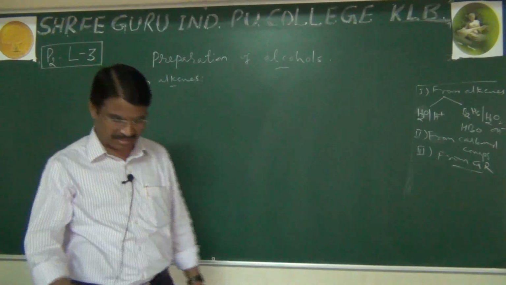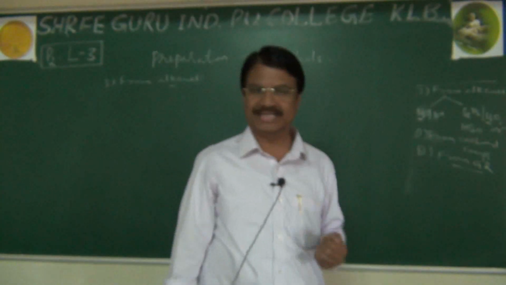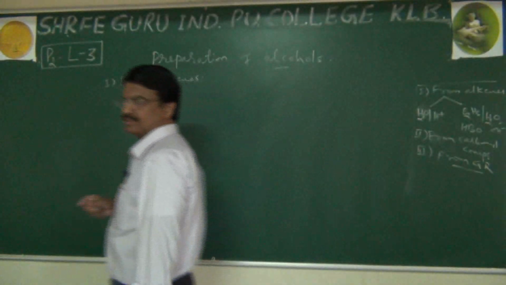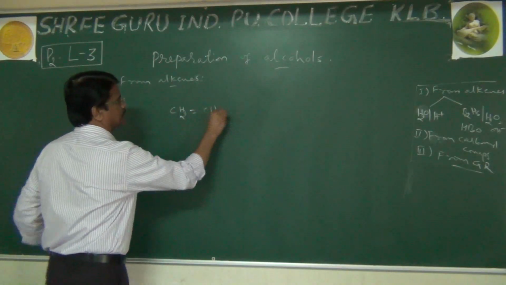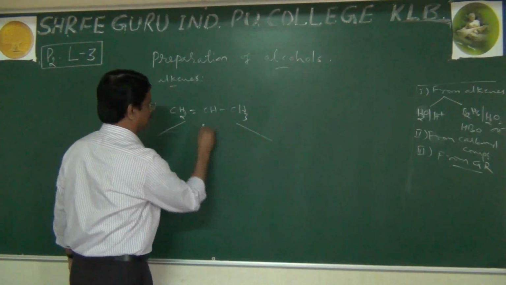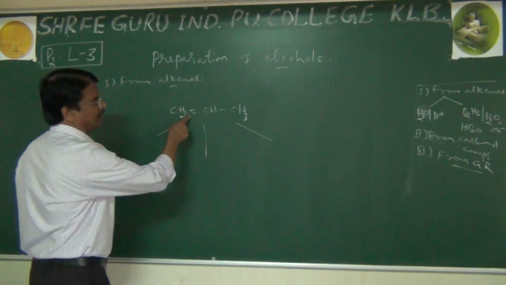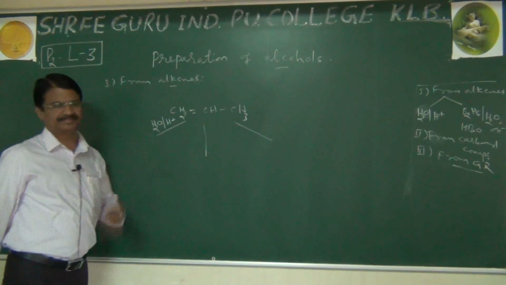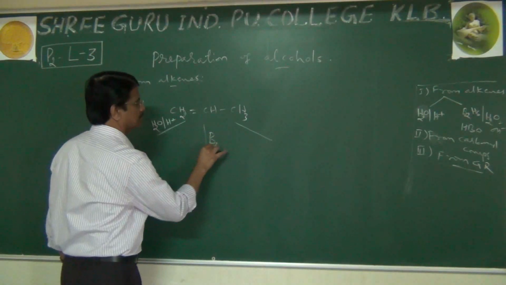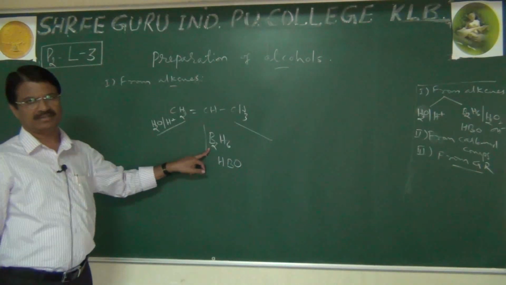So in our last class we discussed the preparation of alcohols by the first method using alkene, and there I told three reagents. First type, we are taking propene or alkene: acid catalyzed hydration, then hydroboration oxidation.